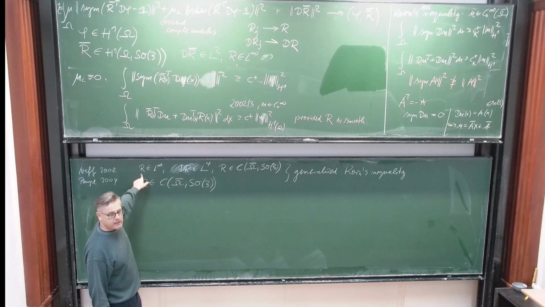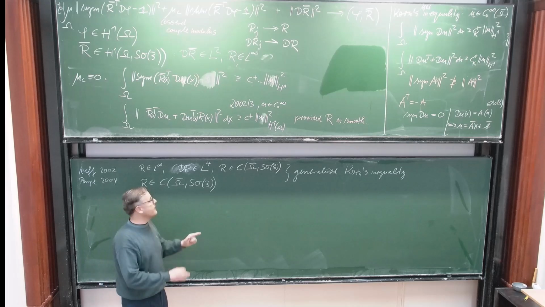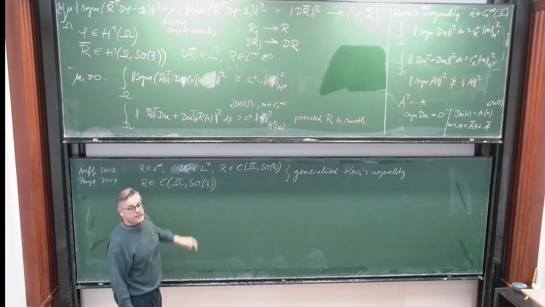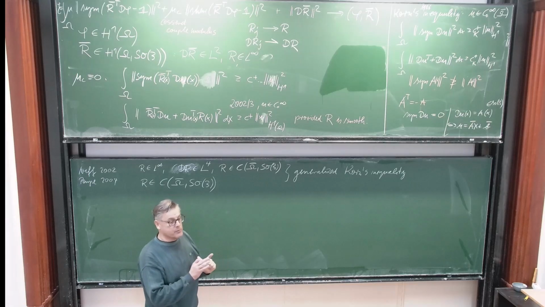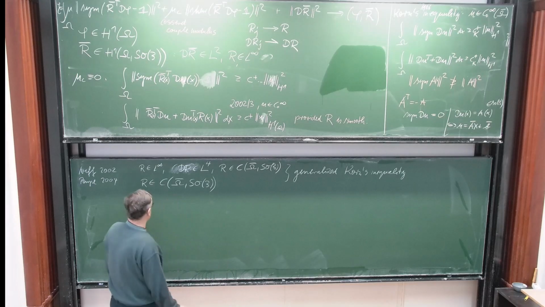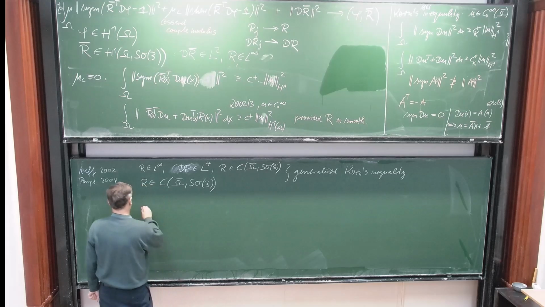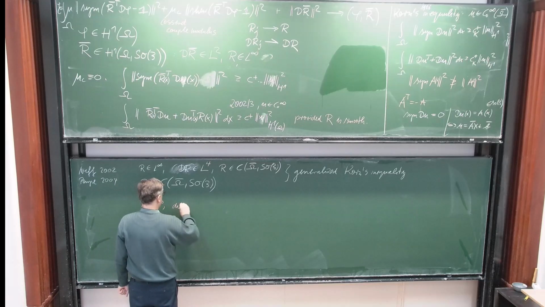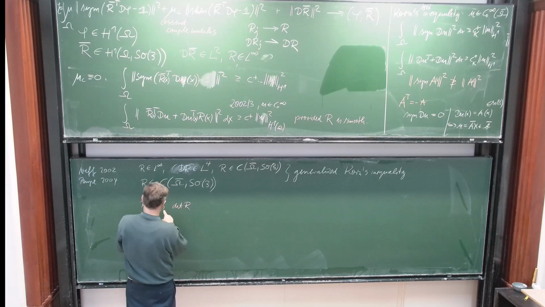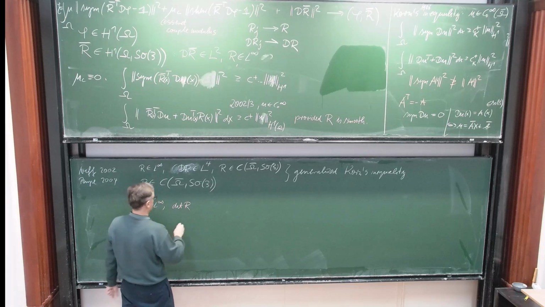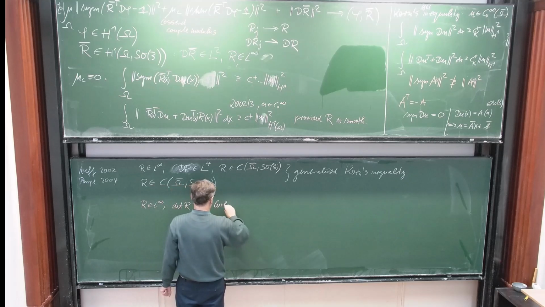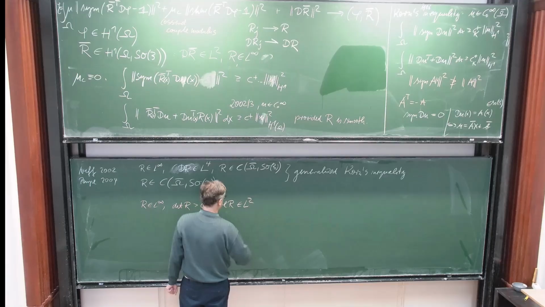So you need a certain level of smoothness for that matrix field which intervenes here, and the question is precisely how much smoothness you need, because the proof seems to indicate that R in L infinity, considered not as a rotation matrix but as an arbitrary matrix, with R away from 0, and the curl of R in L2 should be enough.